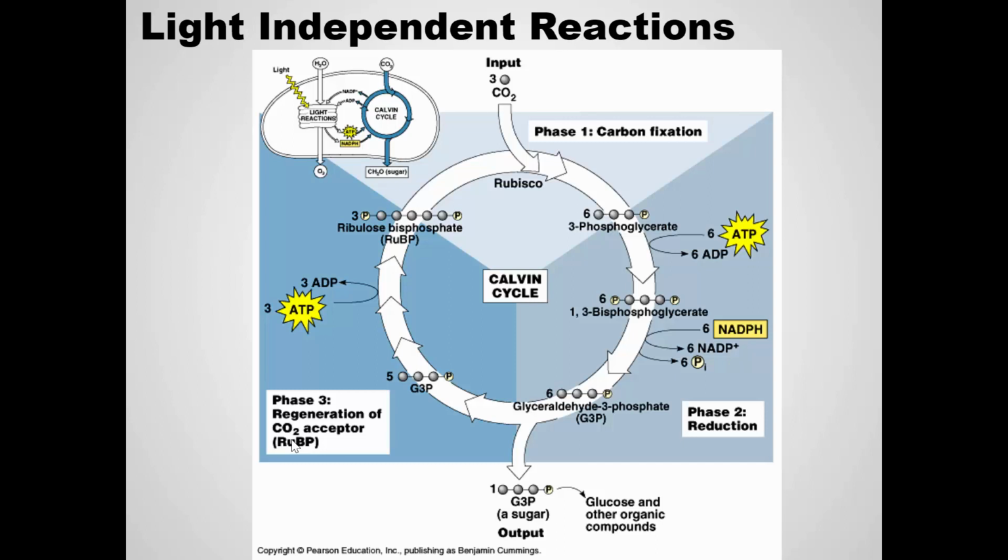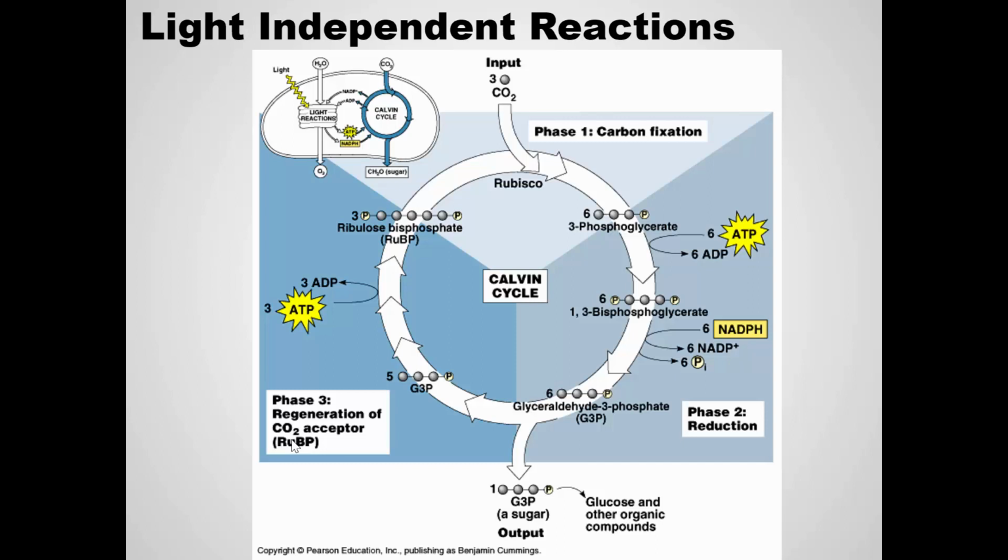So we have carbon dioxide coming in up here. We have the things that we just talked about, ATP and NADPH, being used up to transform this carbon dioxide into a form that's actually usable, carbohydrates that the organism can use for energy.